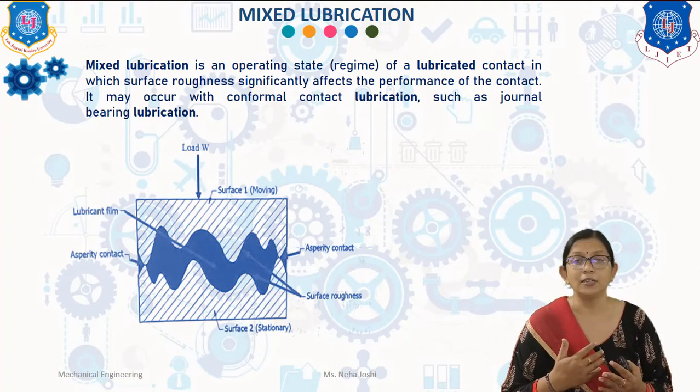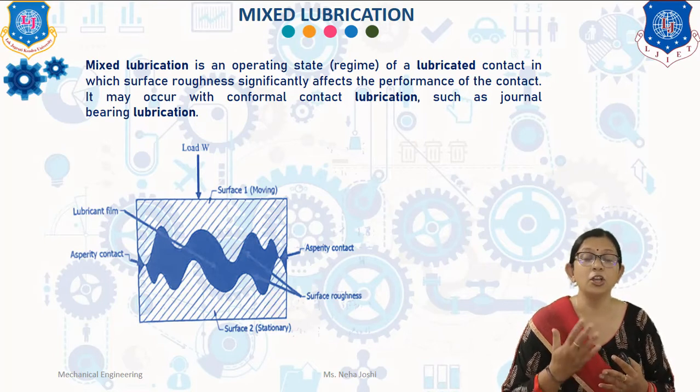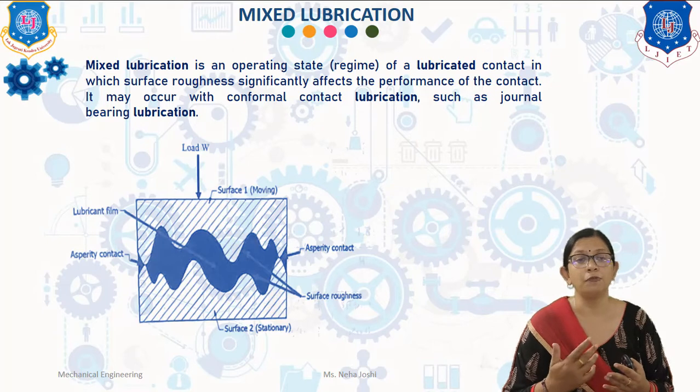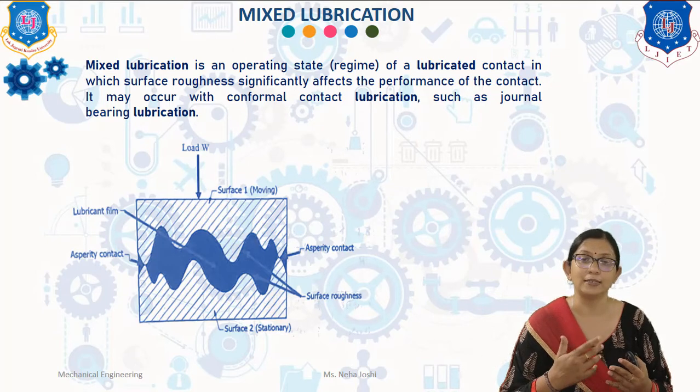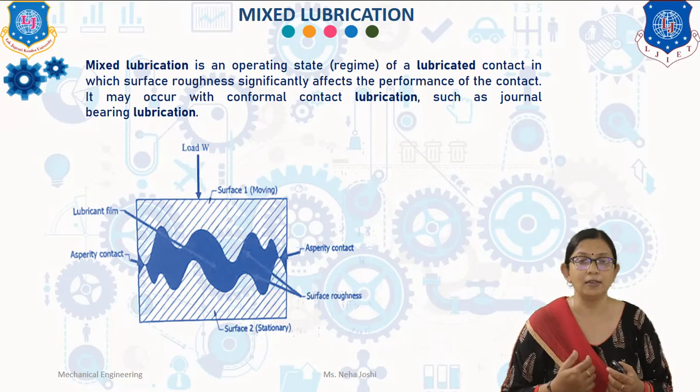Now in the sketch you can see the model of the mixed lubrication state, in which the applied load is shared by the fluid film and the asperity contact. There are two distinct regions: first, where the fluid film separates the tribopairs, and second, where the asperities are in contact, as you can see here in the diagram.